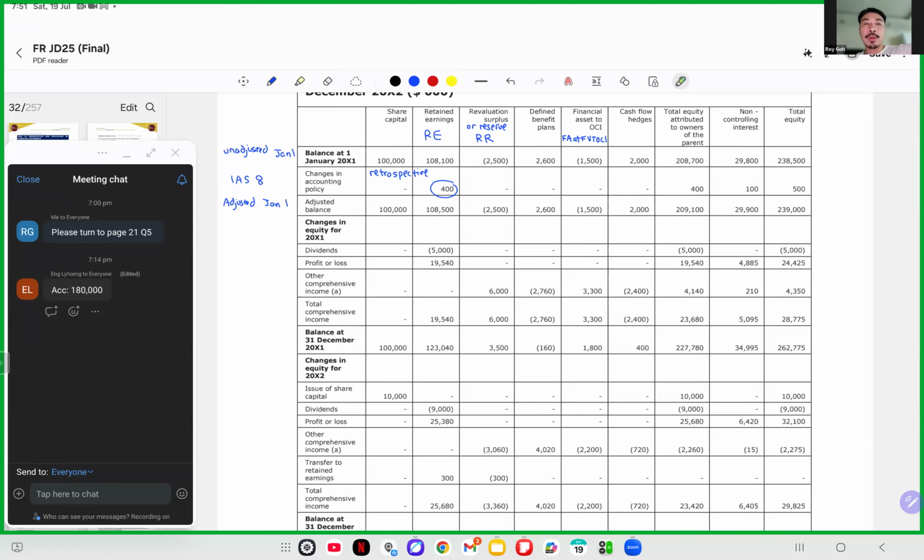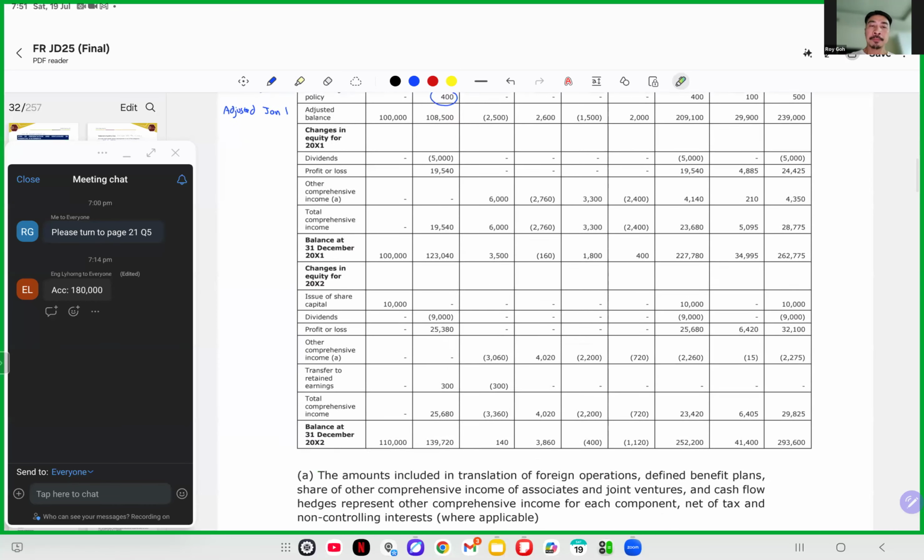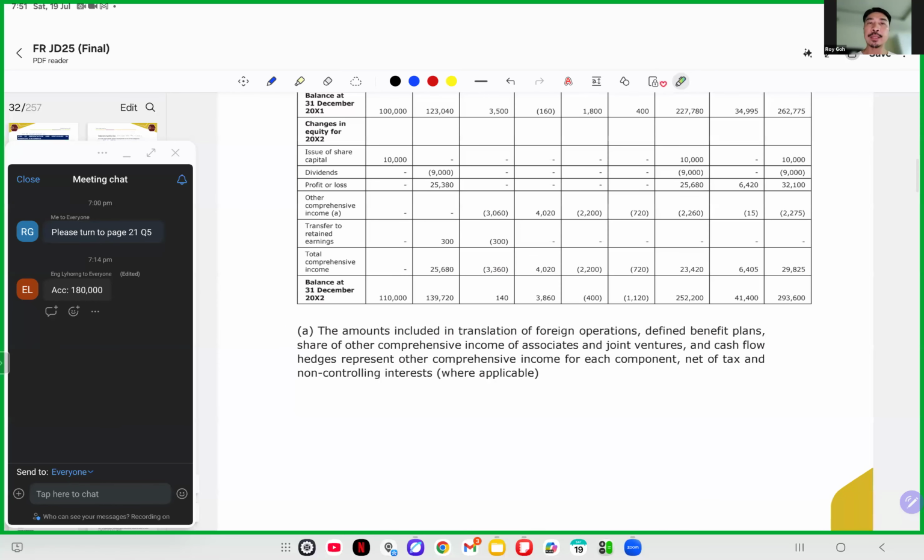Next, what do you have here is this one. IAS 16. You will debit RR, reduce your RR.